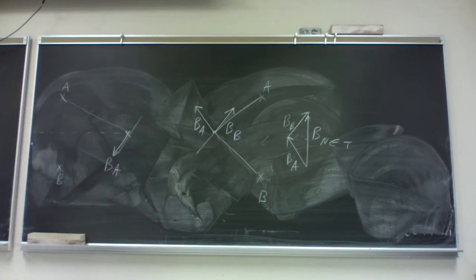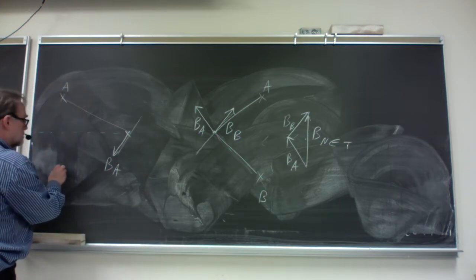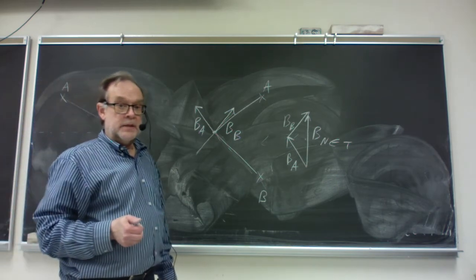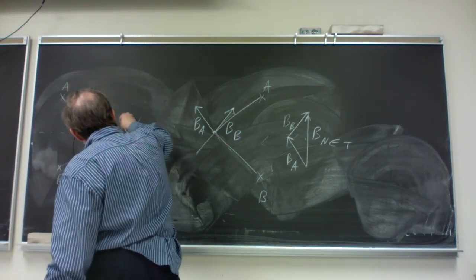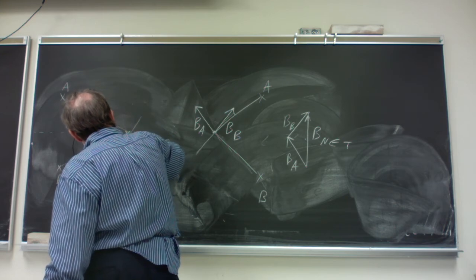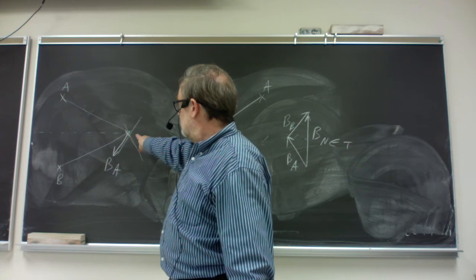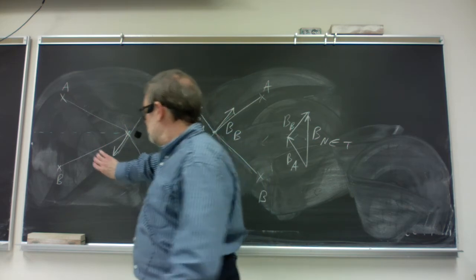And for BB, do the same. Here's the line that connects B and our point. The field caused by B is perpendicular to that line, so it's along some line like that. And which way does the magnetic field point along this line, this way or this way?